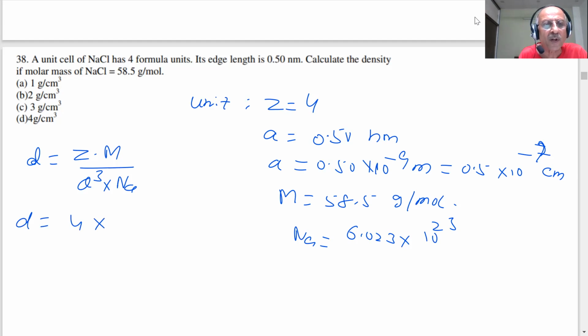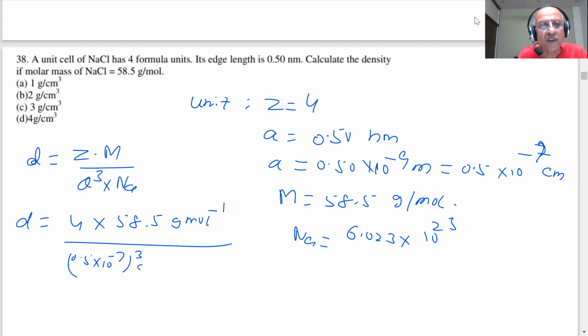Z is 4, M is 58.5 gram per mole, and a cube is 0.5 into 10 minus 7 centimeter cube, and Na is 6.023 into 10 power 23 per mole.